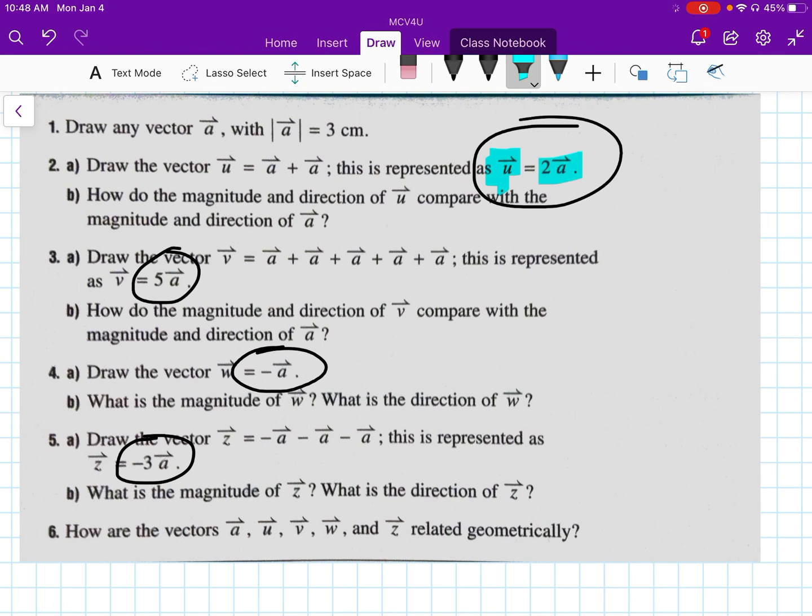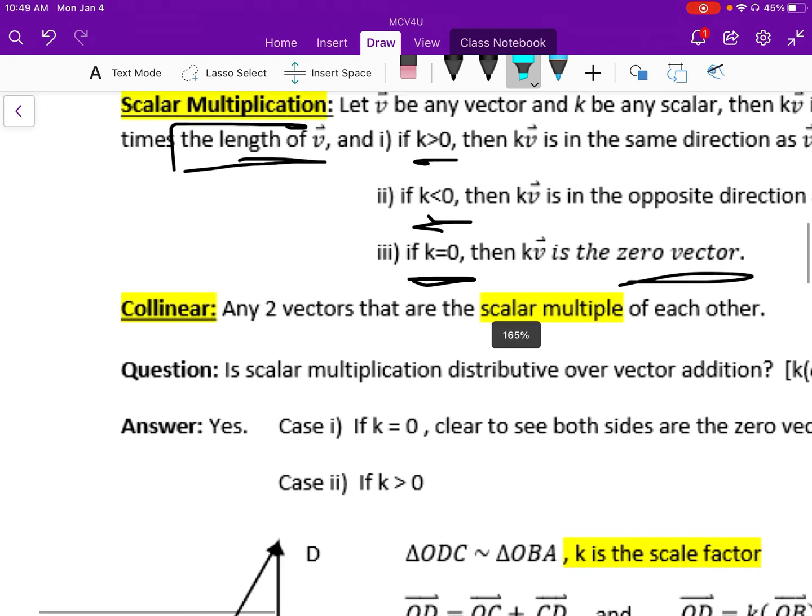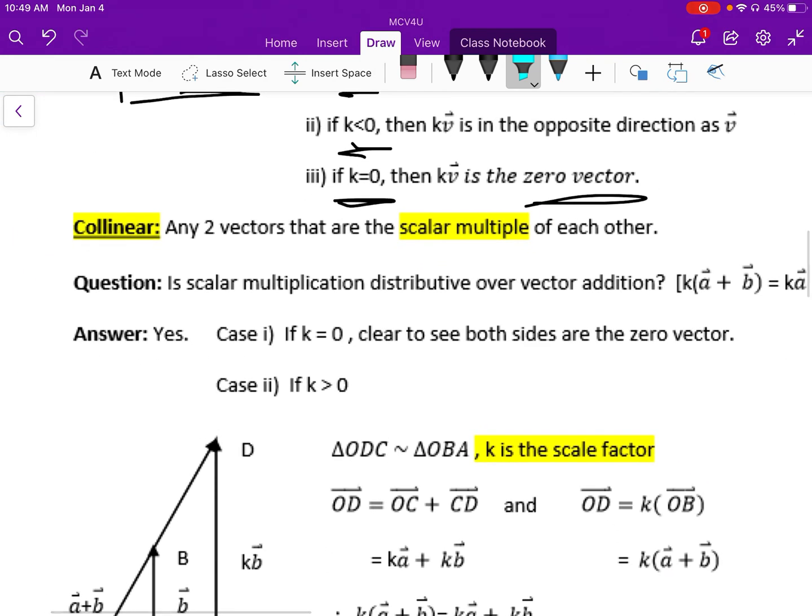So u and a are scalar multiples of each other. Also, vector u and vector v are scalar multiples of each other because they're both scalar multiples of vector a. So that's how the scalar multiples work, or collinear. One and the same thing.